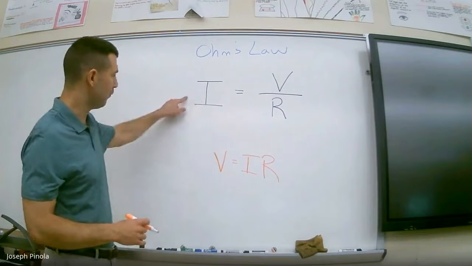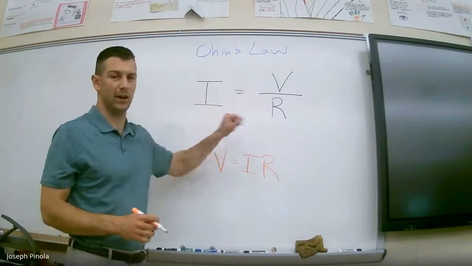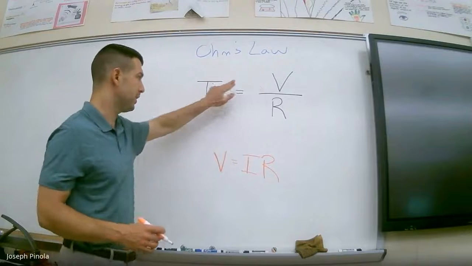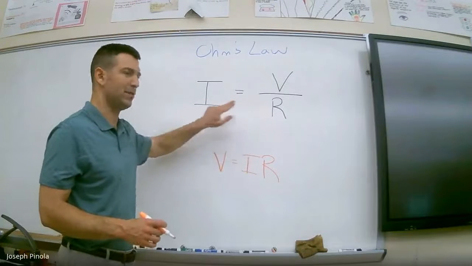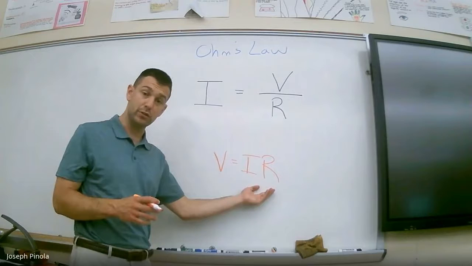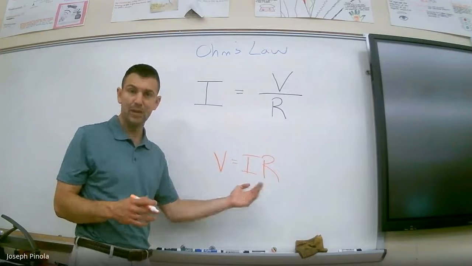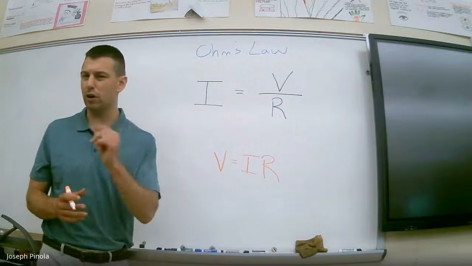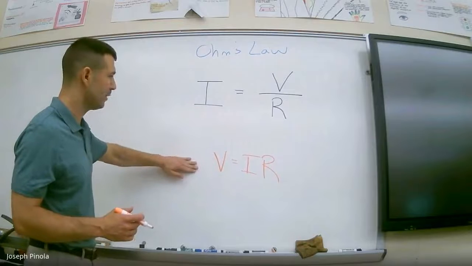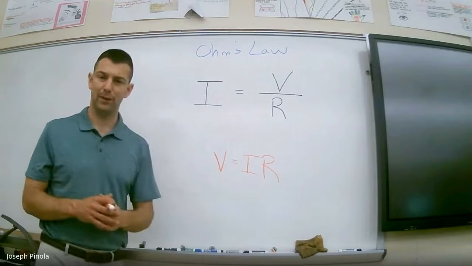However, I prefer the form of I equals V divided by R. That's because it very clearly shows us that voltage has a direct relationship with current and resistance has an inverse relationship. This form might be easier to use mathematically, however. So it's up to you. As long as you understand what Ohm's law says, you can use either calculation form when doing your math.